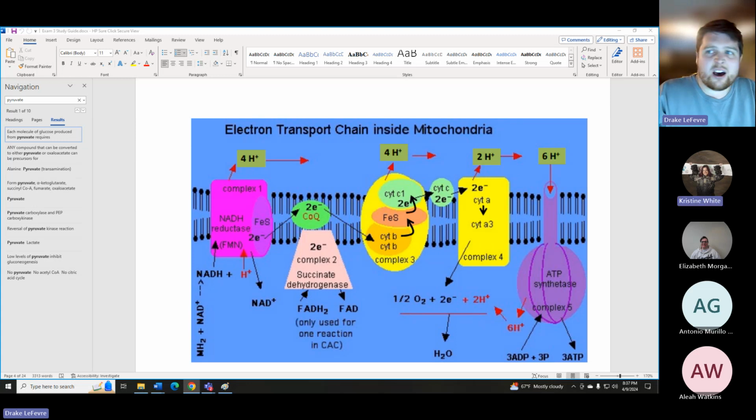Who remembers what the other names for CoQ are? Ubiquinone. Yeah. And what is CoQ? Coenzyme Q? Yeah, it's coenzyme Q10. It's not biotin, is it?